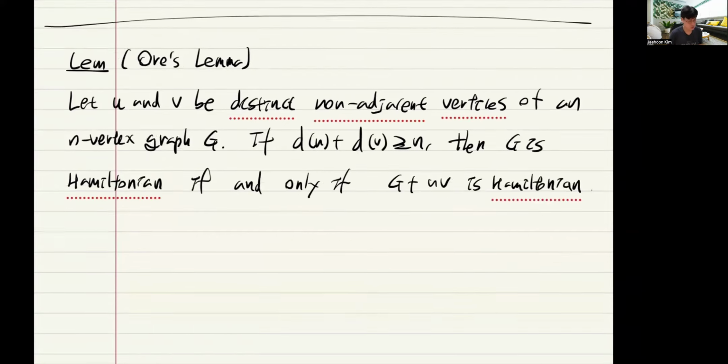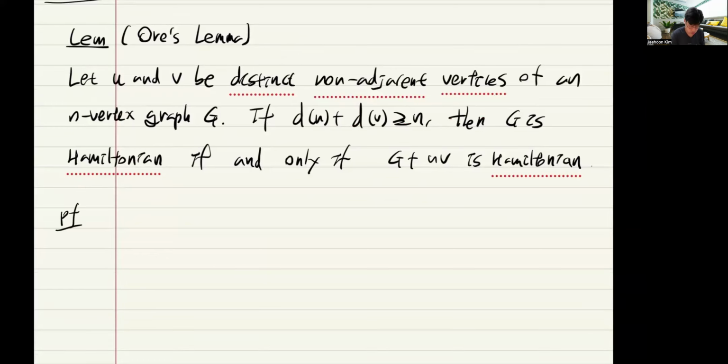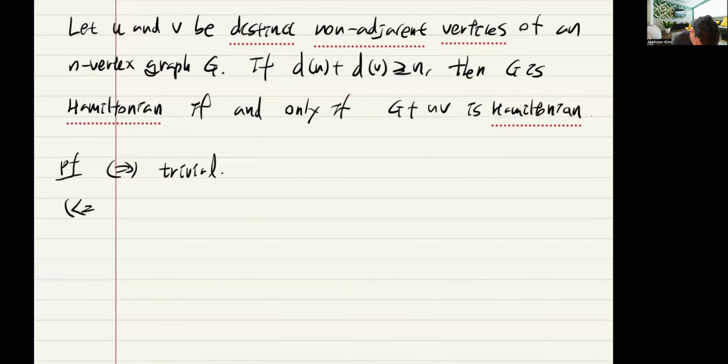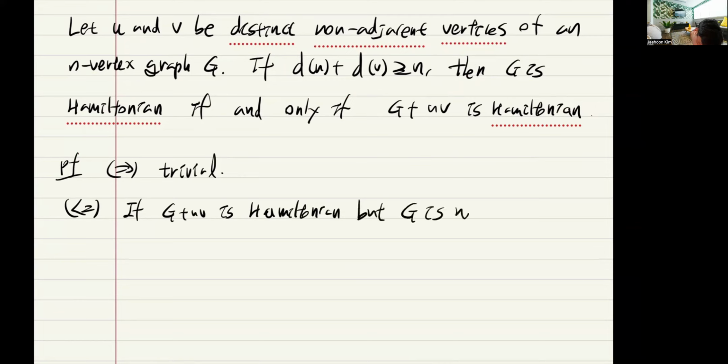Actually, this direction is easy, right? If G is Hamiltonian and you add an edge, then this is again Hamiltonian. So the main point is proving the other direction. So if G plus uv is Hamiltonian, but G is not, then what happens? There must be a Hamilton cycle in G plus uv, but once you delete uv, it is no longer a Hamilton cycle.